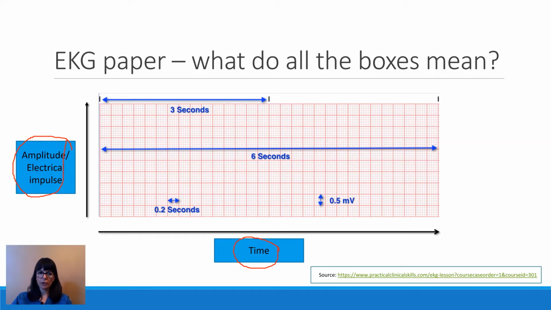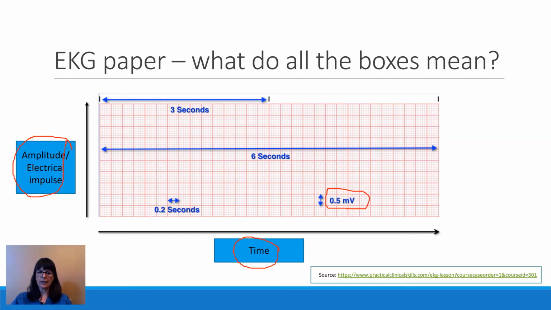In terms of the amplitude, one small box represents 0.5 millivolts, and that is regarding the force of the contraction and the amplitude of that electrical impulse as it travels through the heart from the SA to the AV node to the bundle branches and then up the Purkinje fibers.